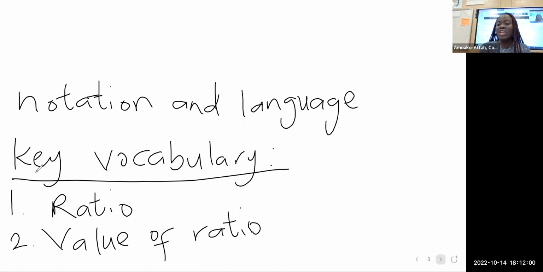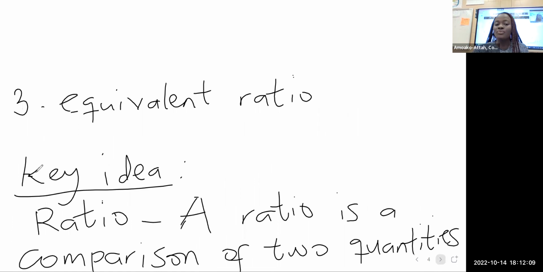Then we look at the key vocabulary in our lesson. We have ratio, value of ratio, and equivalent ratio. Then we also look at our key idea in this lesson. A ratio is a comparison of two quantities.